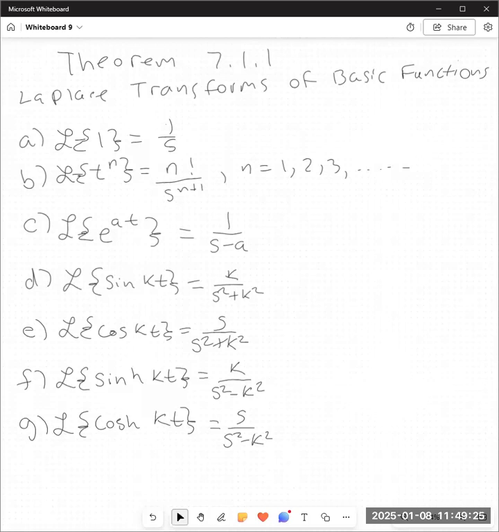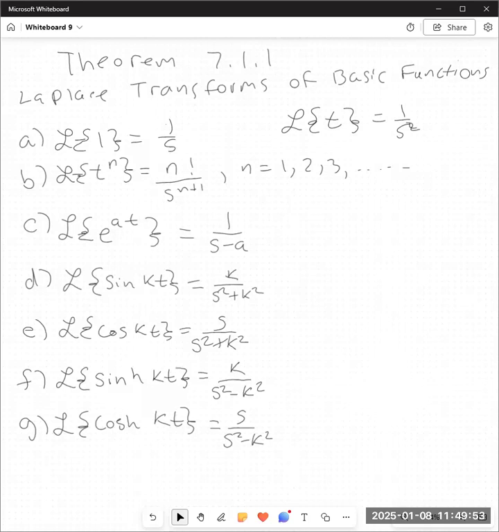We're going to sometimes think of a different rule in between these rules for the Laplace transform of t, where n is 1, just because that happens so often. 1 factorial is 1, and s to the 1 plus 1 is s squared. So even though it's not in this theorem, we may think of this rule separately: the Laplace transform of t is 1 over s squared.